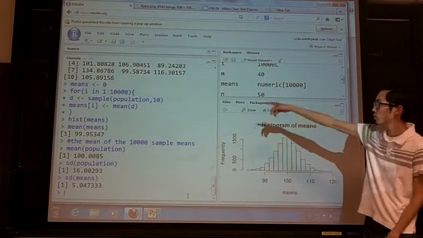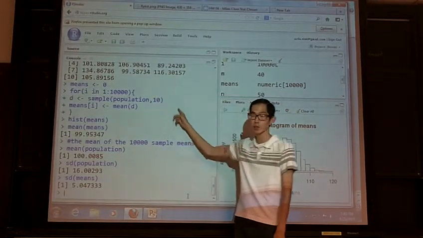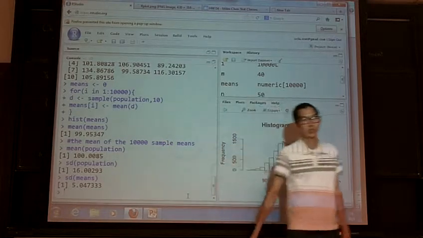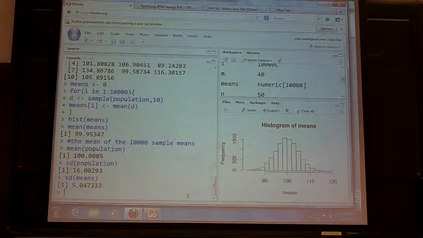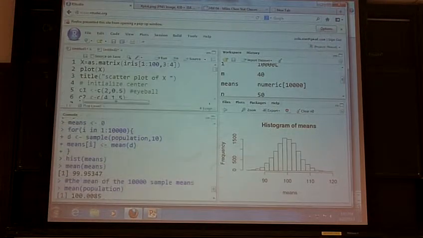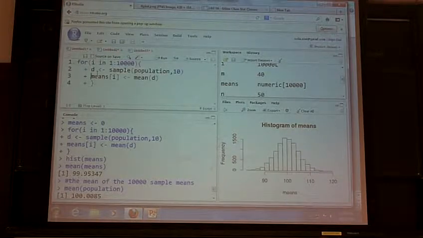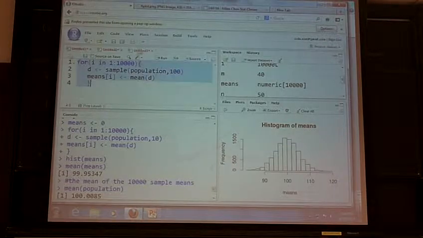So if I did this whole process again, but rather than taking a sample of size 10, I took a sample of size 100, what do you think will happen? Our standard deviation will get smaller, the range will get smaller, and indeed we will see that. I'm just going to put in 100 here and run it.